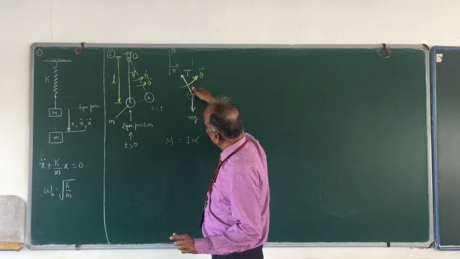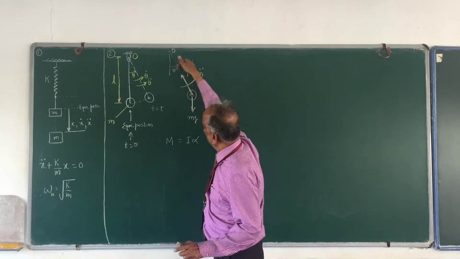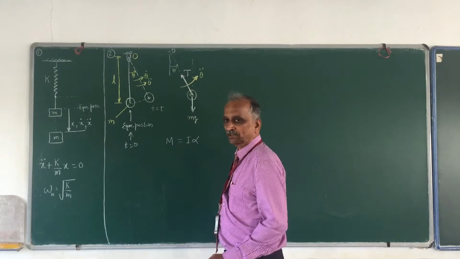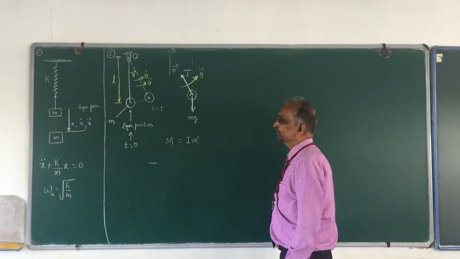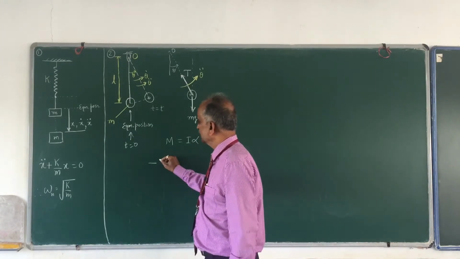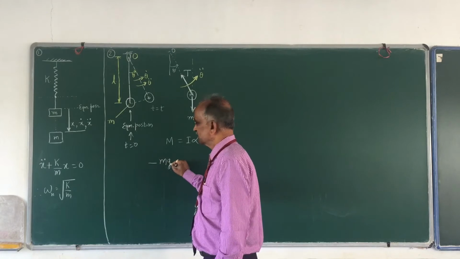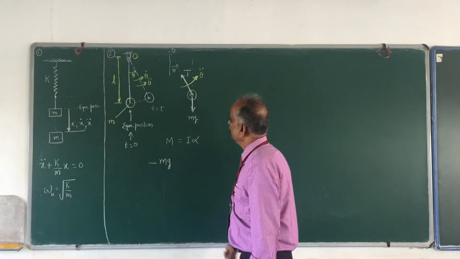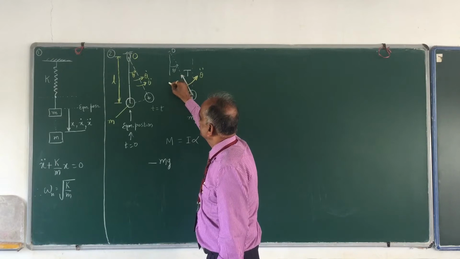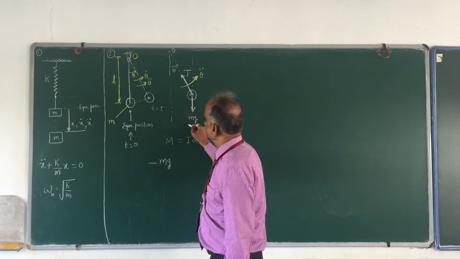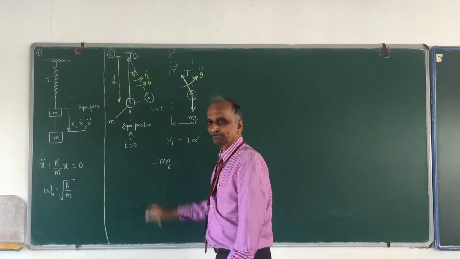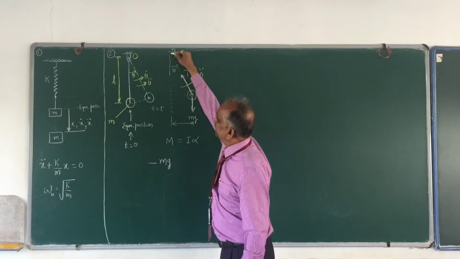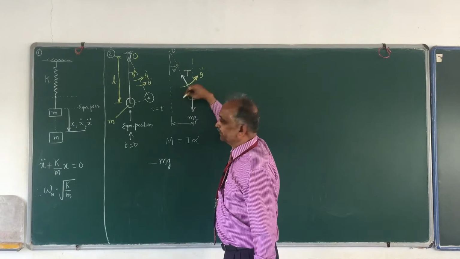So now the moment due to this mg about O is in the clockwise direction. Therefore it is minus. So minus what? mg, this is the force, multiplied by what is the perpendicular distance? Just extend this line. So do you agree that this is the perpendicular distance between the two? This is the force and this is the point, and this is the perpendicular distance.